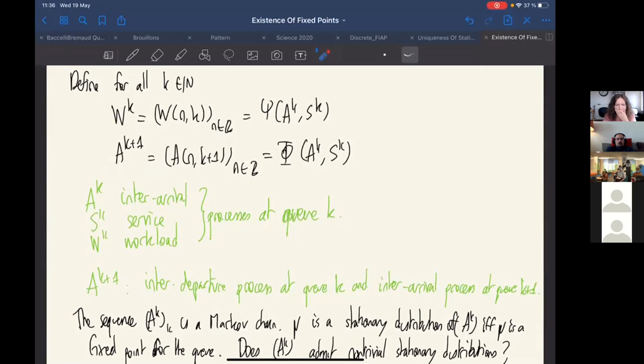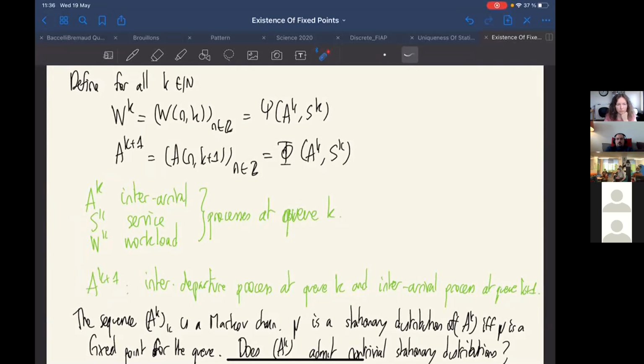And A_K plus 1 is the interdeparture process at Q_K, and therefore the interarrival process at Q_K plus 1. So we're interested in the relationship between A_K and A_K plus 1. It's easy to see that the sequence A_K is a Markov chain, because A_K plus 1 only depends on A_K, it doesn't depend on the previous ones.